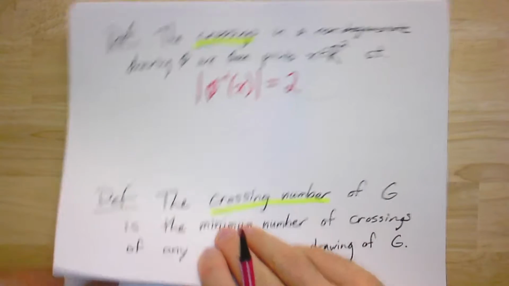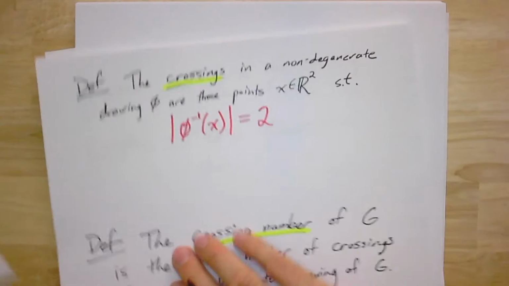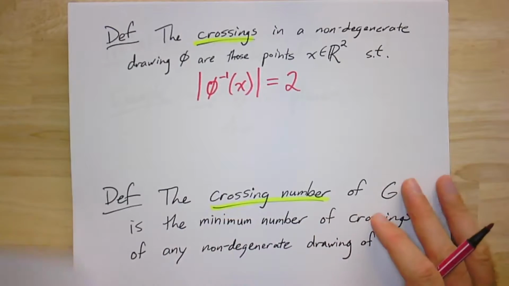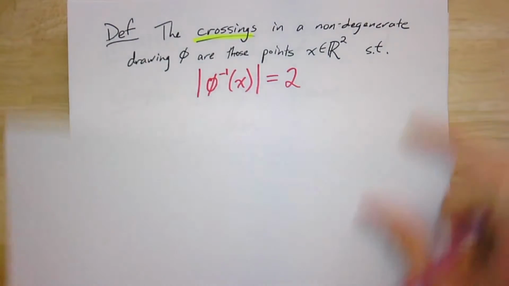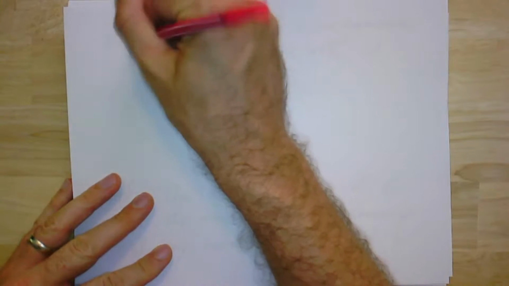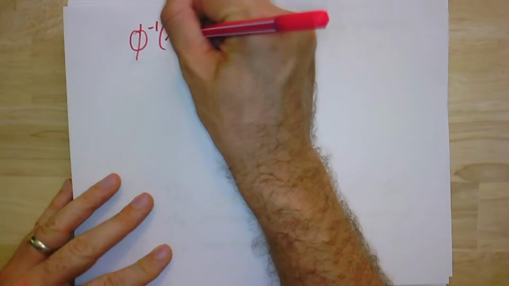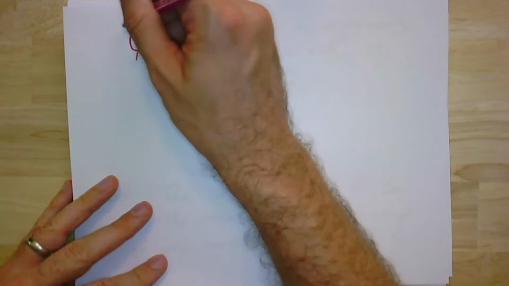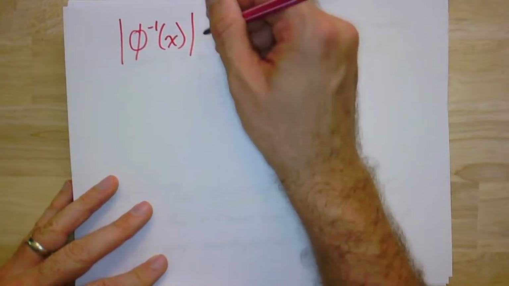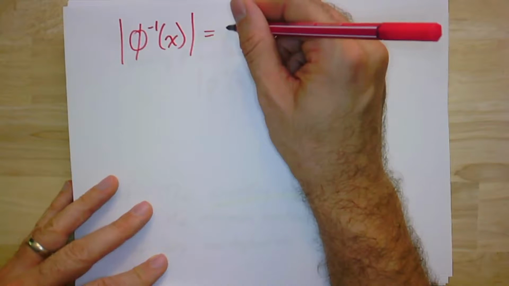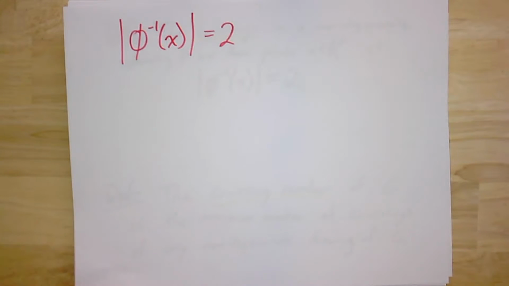Actually, let me draw a more elaborate example to see what we mean when we talk about this preimage condition. I'll write it again here. We're saying that there's a point here in the plane whose preimage has two other points.